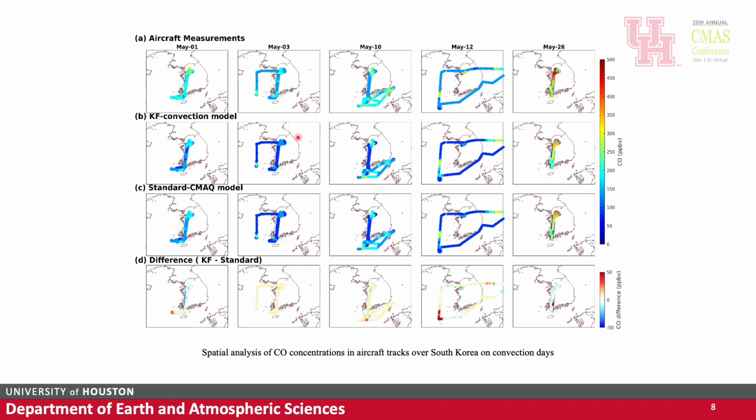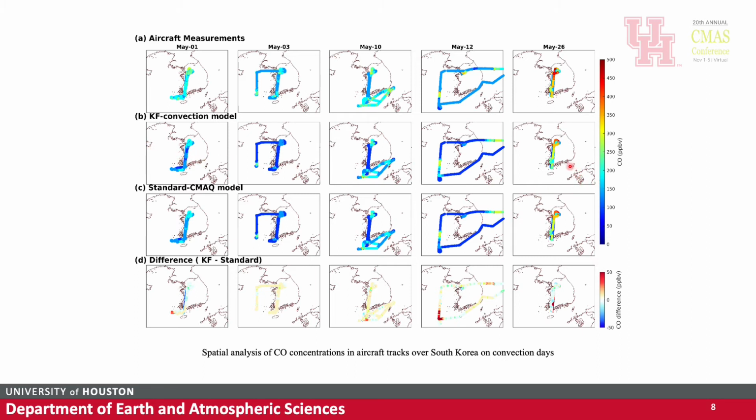In this slide, we try to show the spatial analysis of the CO concentrations along the aircraft tracks for the days that we chose, the convection days. The first row shows the aircraft measurements, and in the second row, we can see the KF convection model.